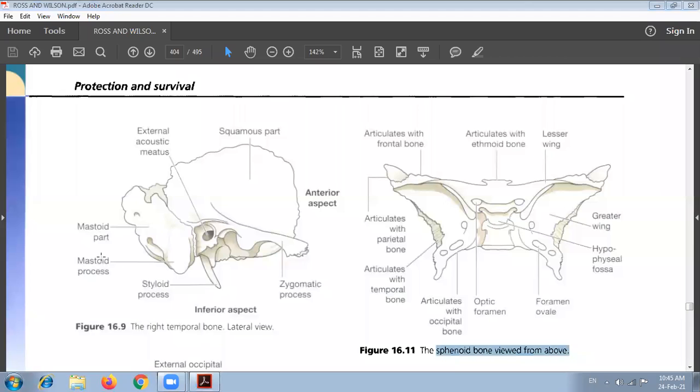Here you can see the mastoid process, then the mastoid part, and the external acoustic meatus, which is nothing but our ear. This is the zygomatic bone, that is, the cheekbone. So all this is shown here.